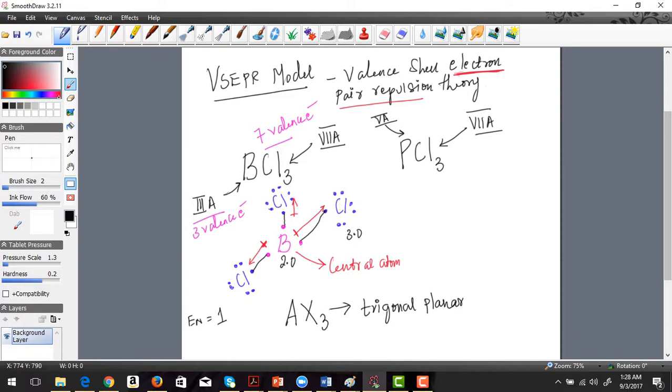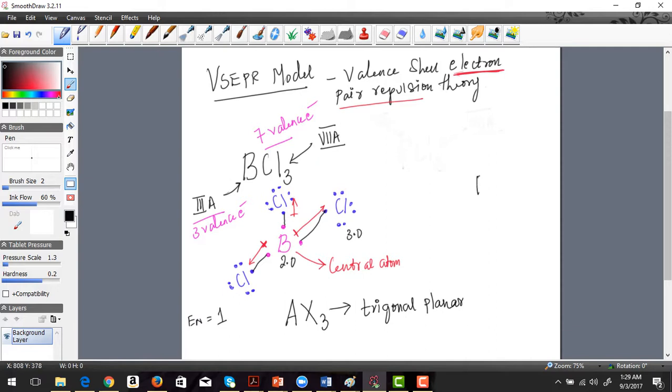Trigonal Planar. Okay, if I redraw this molecule, let me get rid of the PCl3 out of the picture so I can draw it on the next screen. I just wanted to point that out. I can get rid of it now and draw it on a fresh screen. All right, AX3 is trigonal planar, right?